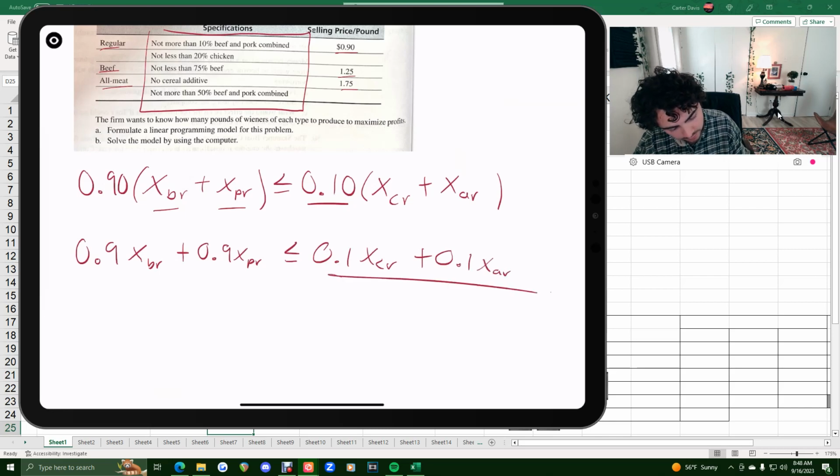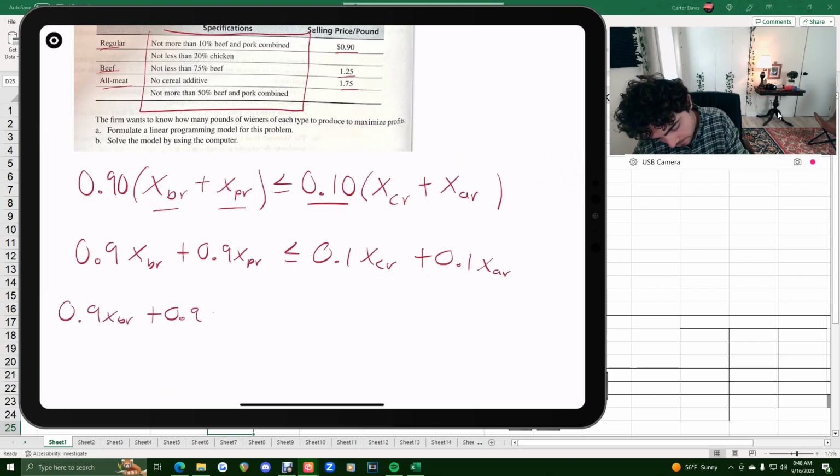Then we subtract these on both sides. So we have 0.9 XBR plus 0.9 XPR minus 0.1 XCR minus 0.1 XAR, less than or equal to 0.